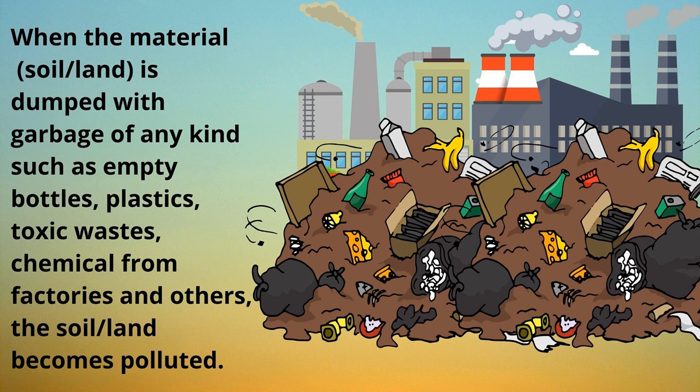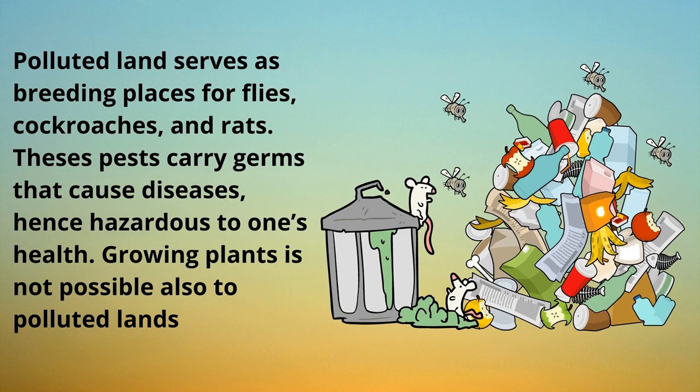If ang lupa ay nalasan na because of the garbage, what will happen to the polluted land? So, the polluted land will serve as breeding places for pests. So, yan na ang magiging tahanan ng mga ipis, cockroach, langaw, flies, at mga daga, rats.